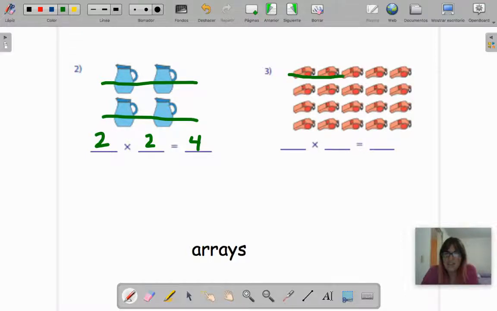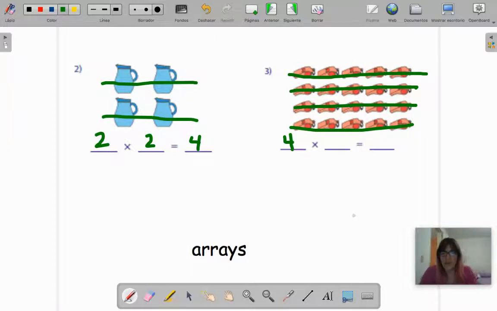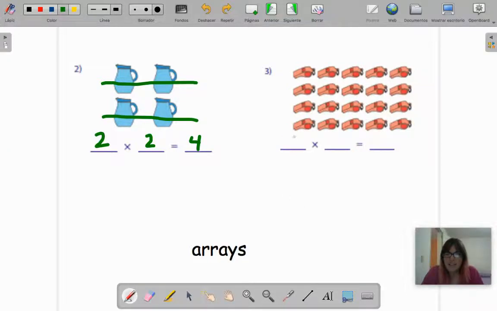So the next array, or multiplication sentence. Here, this is one array, or one line, let's call it one group. 2, 3, 4. So that's going to be my first number. We have 4 lines, 4 groups, okay, 4 arrays. Now, how many are inside each group or line or array?